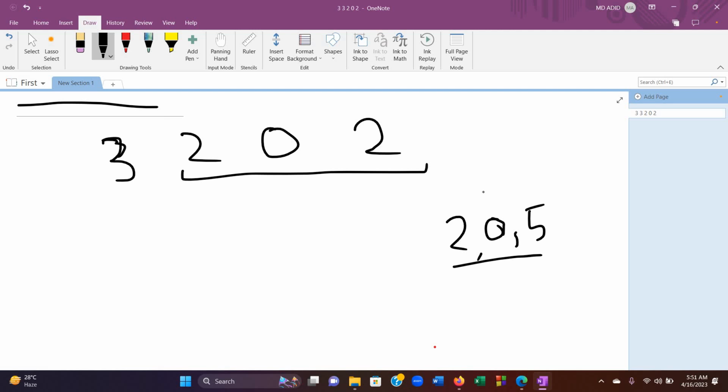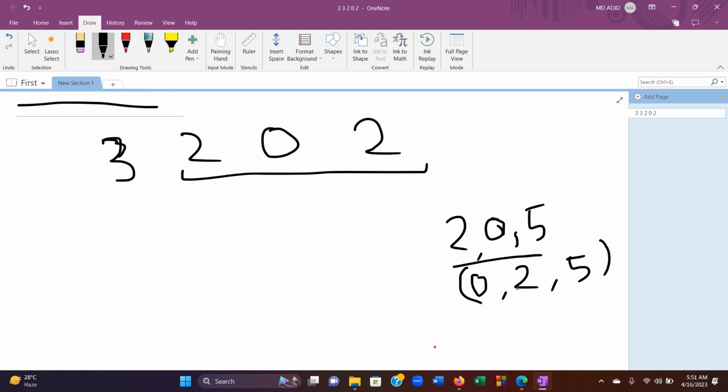So if I talk about this particular array, as you can see, if we sort it, it will be a lot easier for us to understand what the MEX output is going to be. 0 is available, 1 is not available.